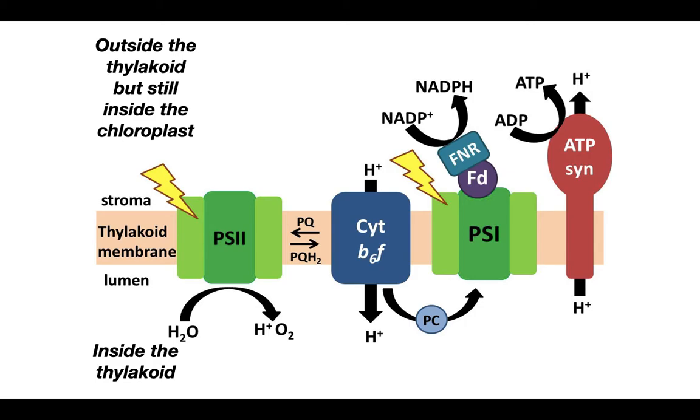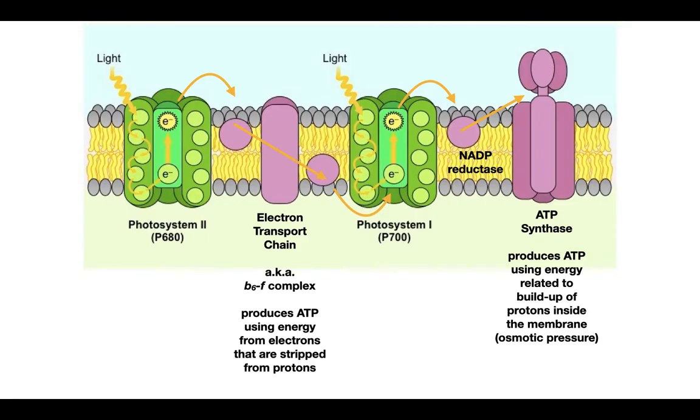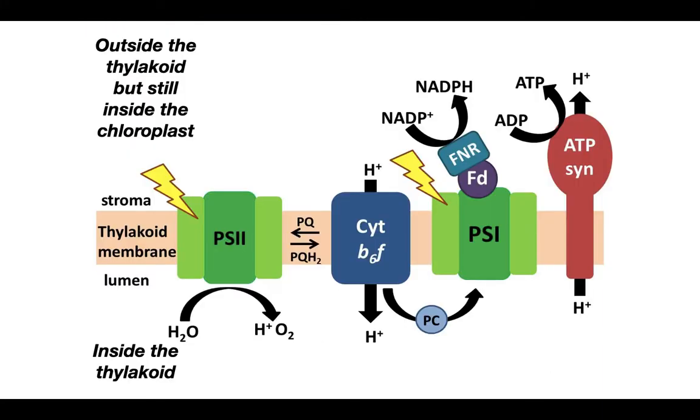The electron transport chain here is shown in blue and says CYT B6F. Remember I said B6F is going to show back up? B6F in the middle there, that electron transport chain. So what's happening here is photosystem 2 is using some of the energy from that electron. Well, it's actually stripping it off of the hydrogen in this H2O.